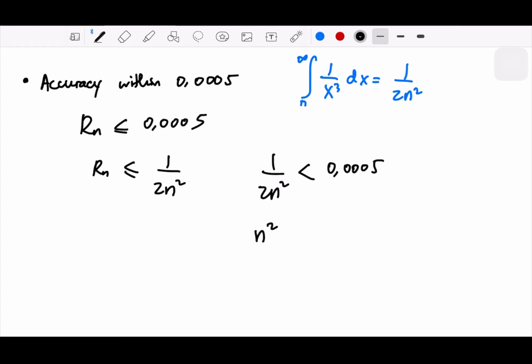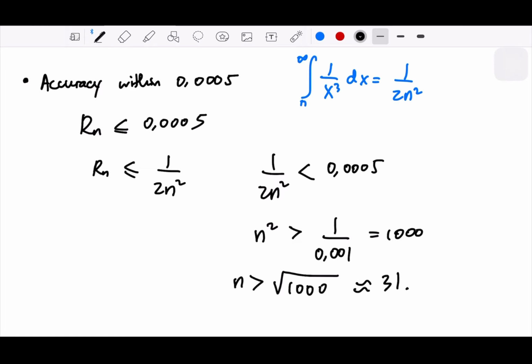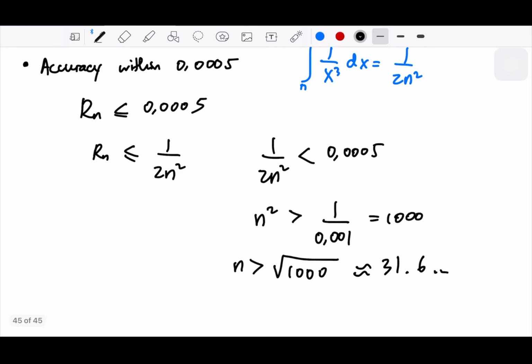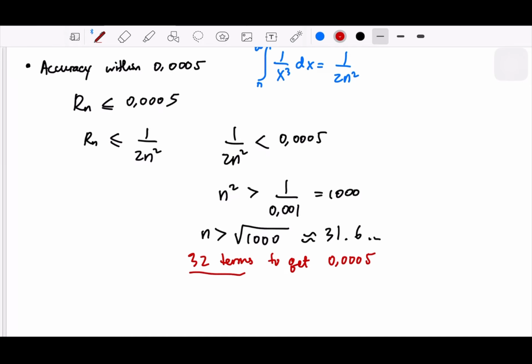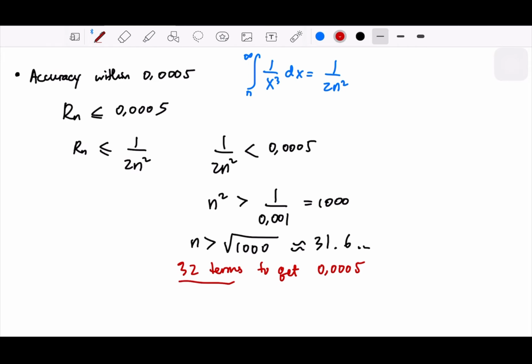So in our case, n will be the square root of 1000, which is 31 point something, about 31.6. So we need at least 32 terms to get 0.0005. So this is another type of problem, from estimating the sum using the remainder.